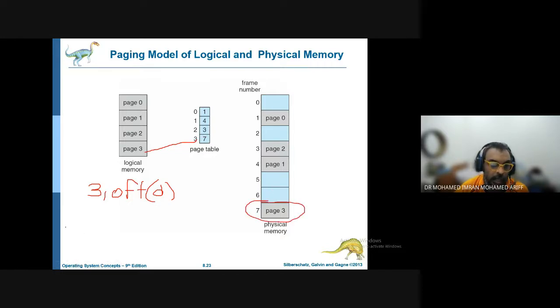This is where it is. What is offset value D? Offset value D ialah dalam frame number 7 ni, which part of this frame number 7 ni besar? Which part of it is needed by the CPU? Is in this location. This particular location is what we say as the offset value.